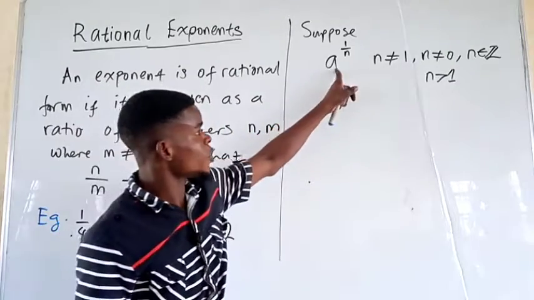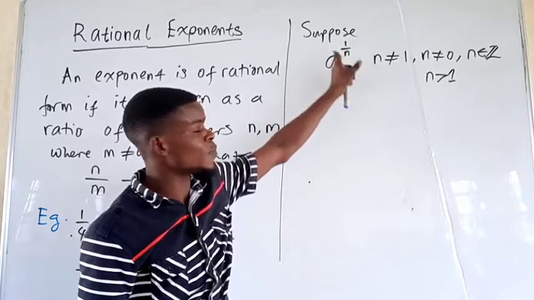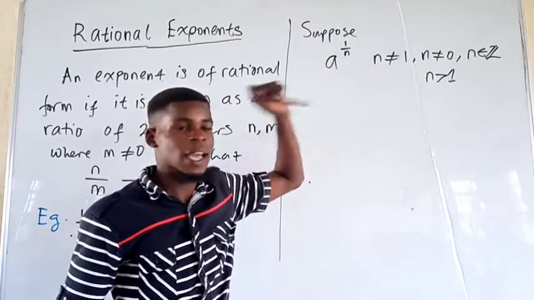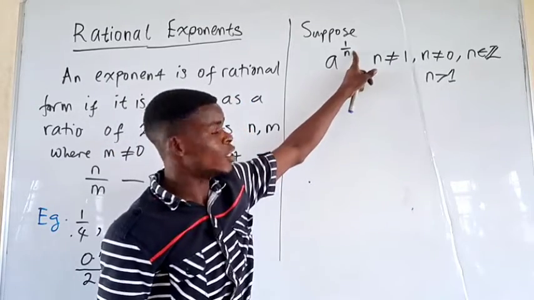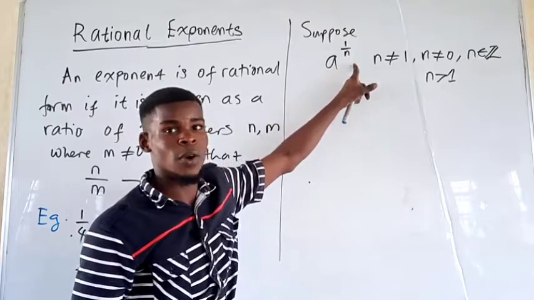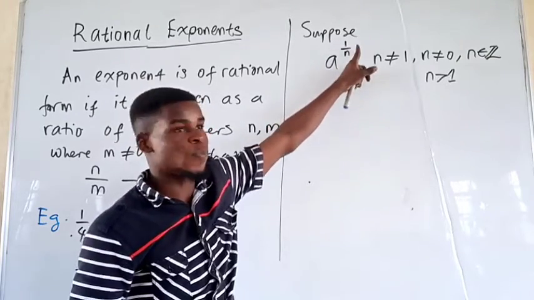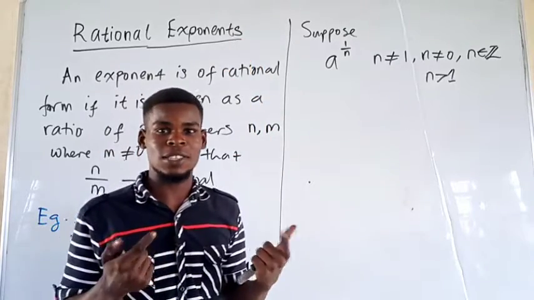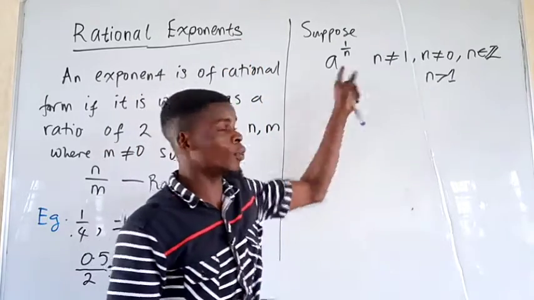Suppose we have a raised to the power of something. So it is this exponent now which is a rational exponent, 1 over something. Now I'm saying that the denominator should not be 1. We would just be having 1 over 1, which is just 1. That will be a raised to the power 1, which is just a. So there is no point going for rational exponents. It's not a big deal anymore when n is equal to 1.